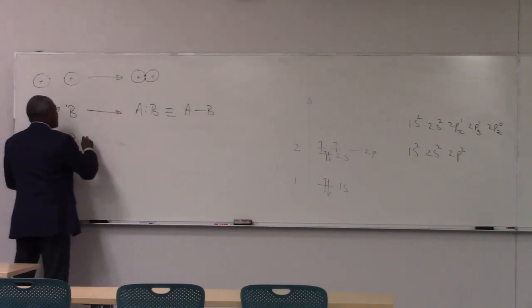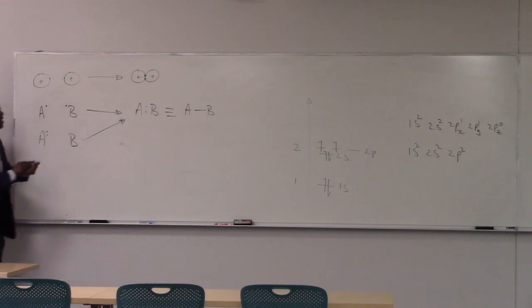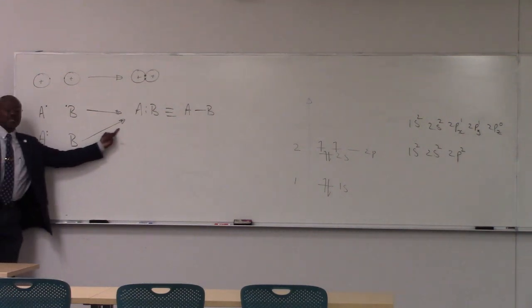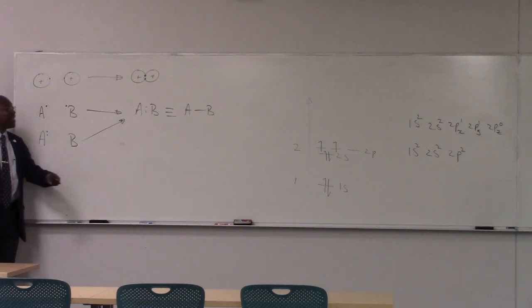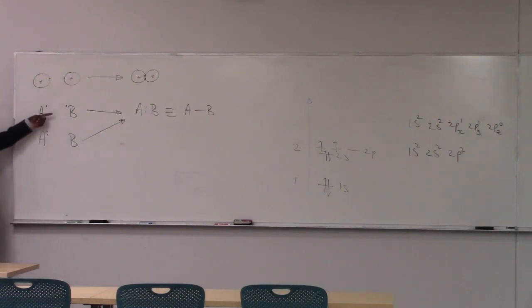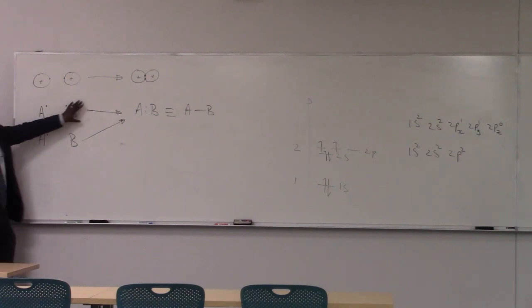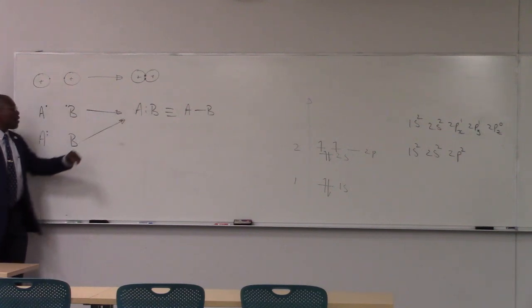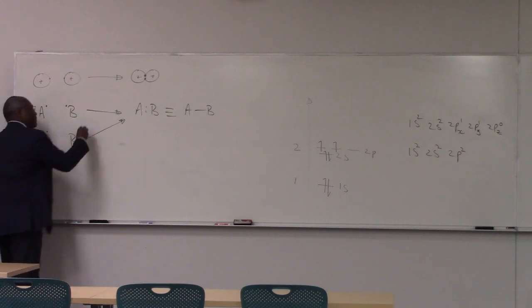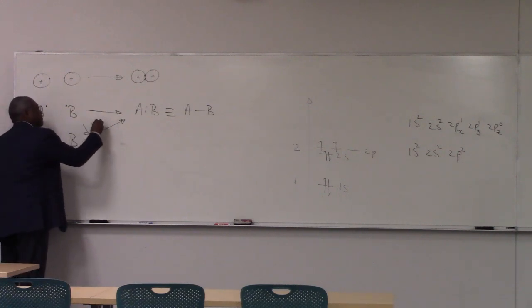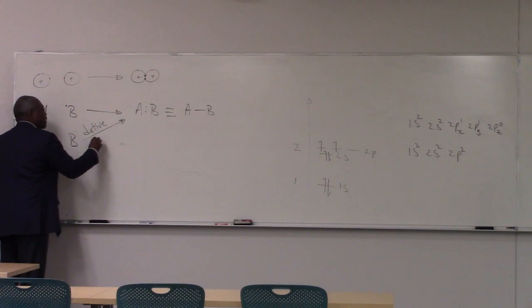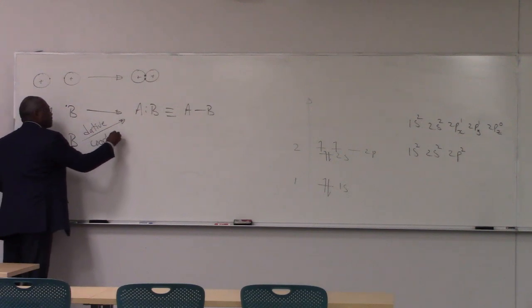And in fact, the AB formed by this type of covalent bond formation is indistinguishable from the AB formed by each atom bringing one. So whether I have a normal covalent bond, or what's called a dative, or sometimes called a coordinate bond.